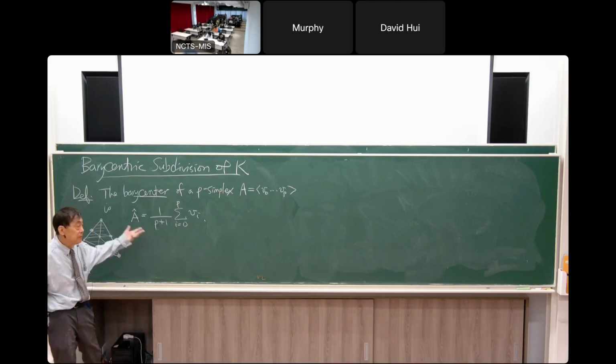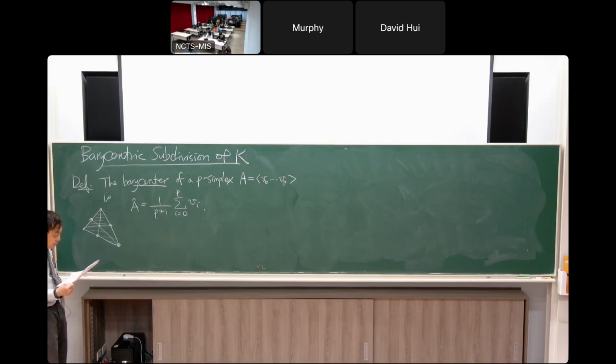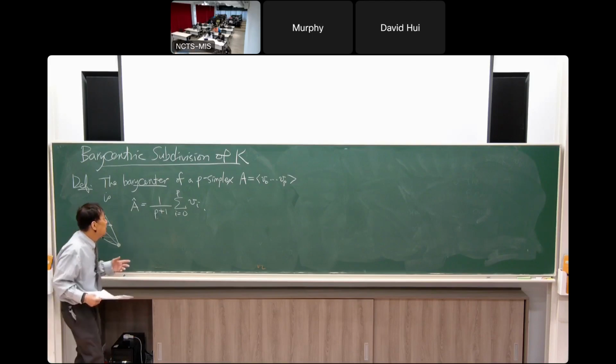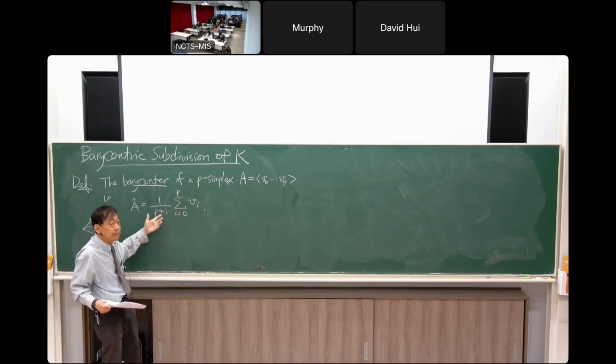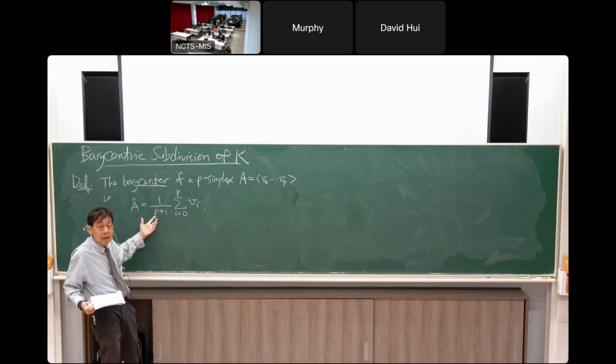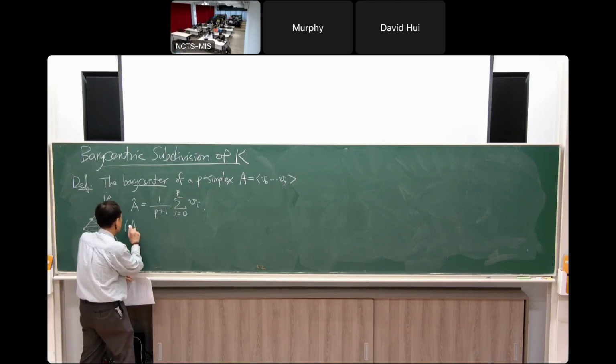In general, that's the formula for the barycenter. Now, if you have a vertex, then you have V0, so you just have 1 term V0 divided by 1. So a vertex is its own barycenter.